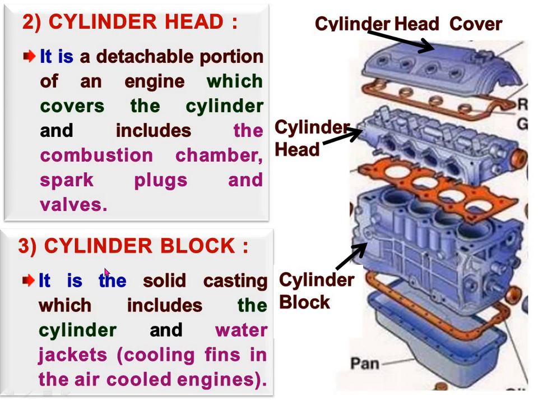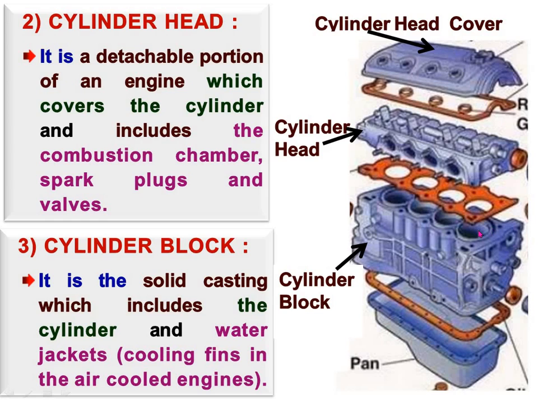Now, the third part is the engine cylinder block. See, this is the engine block. From the picture we see that there are 1, 2, 3, 4 cylinder bores, and if a cylinder sleeve is inserted, then it may be called a cylinder.